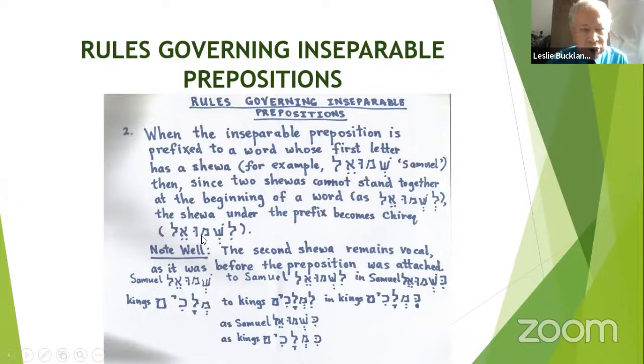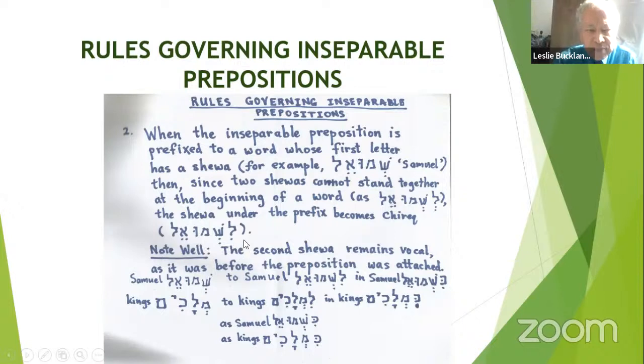So it's not lish muel, as we might think from another grammatical rule that says that when you have a consonant and a vowel and another consonant, this is what you call a closed syllable, and that you do not pronounce a simple schwa under a closed syllable. That is another rule. But this is a rule that does not follow that earlier rule.